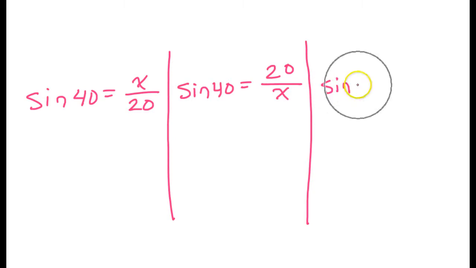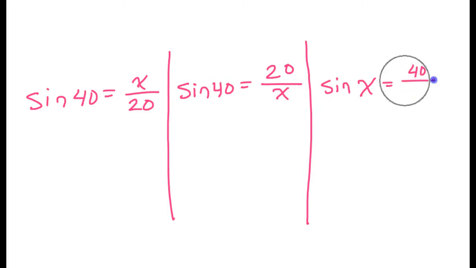The sine of x is equal to 40 over 20. Or let's say 20 over 40. Anyway, depending on which situation you're in will determine how you will approach the equation.